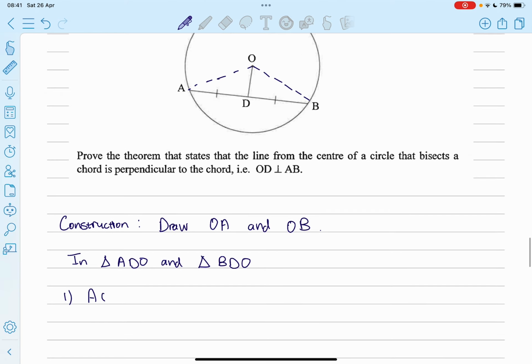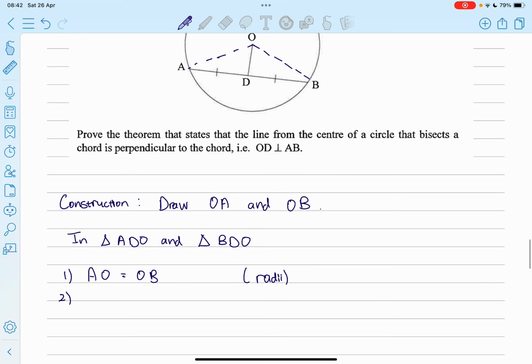The reason is that they are radii. They're both coming from the center of the circle, meaning they're both radii. The second thing is that OD is common. So that's common between the two.